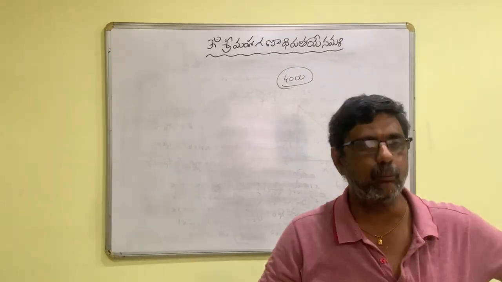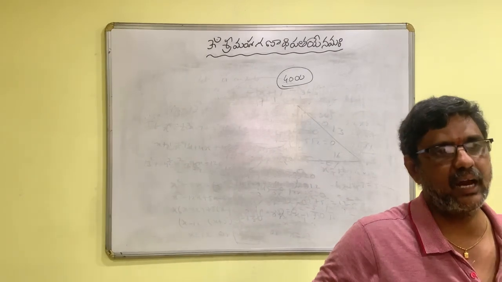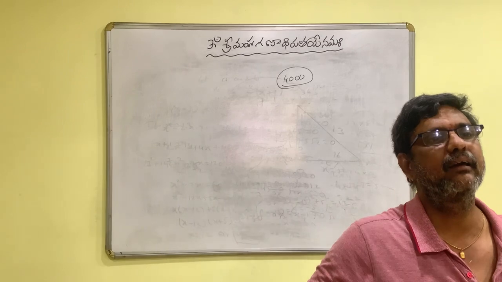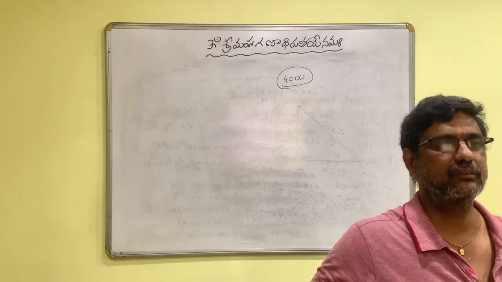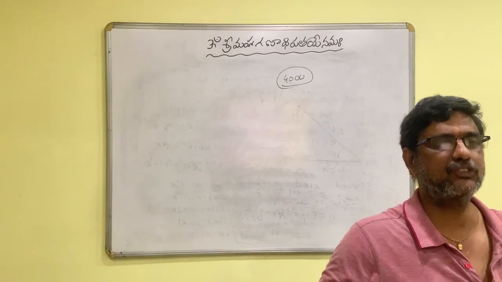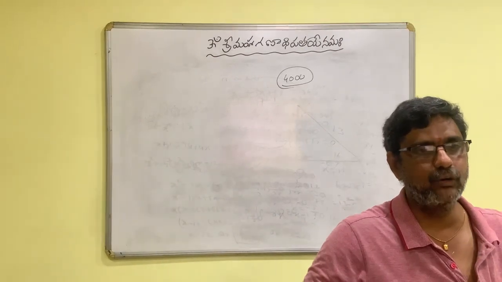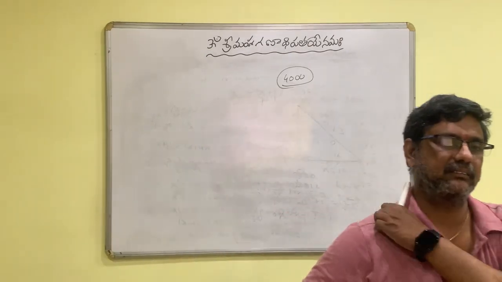If you buy two bats and one ball, the total cost will be 4,000 rupees. Okay? If you tell this situation in the form of an equation, I will give you 20% discount. That is what he is asking.